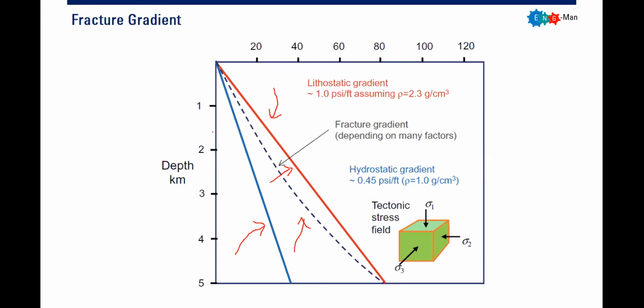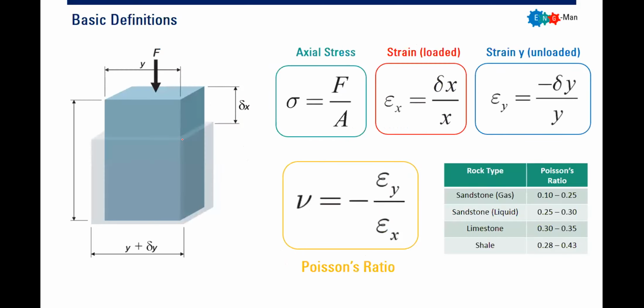All right, thank you. And then we need to introduce several basic definitions. First, the axial stress. Like this one, the stress is, of course, force divided by the area. And then strain in the loaded direction, epsilon x, and strain in the unloaded direction.